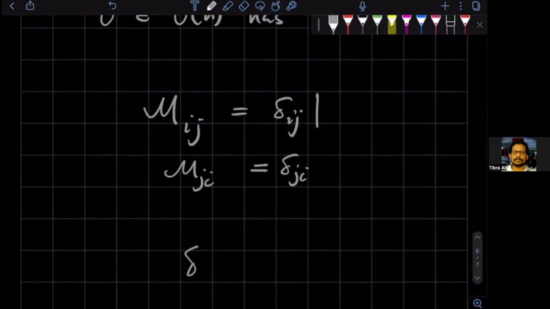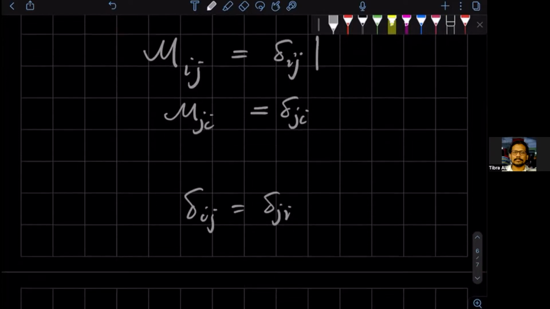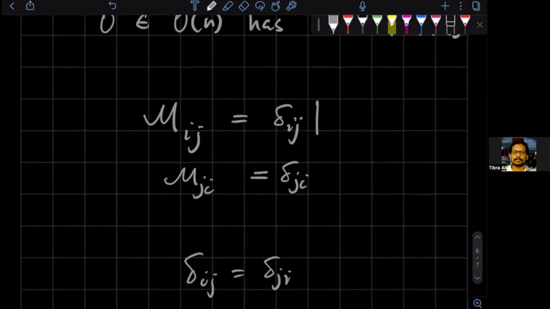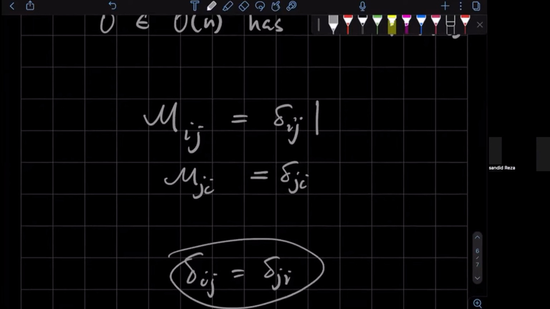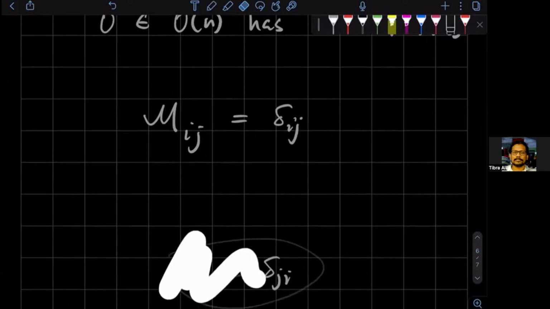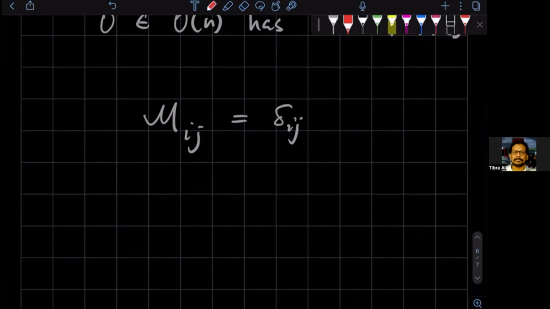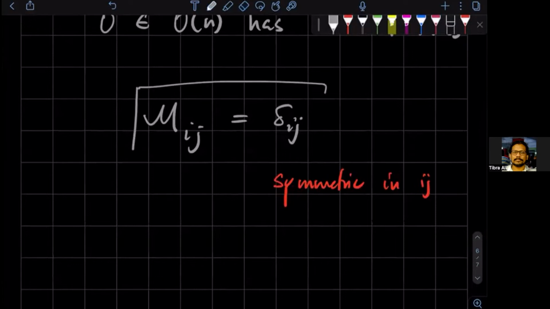That delta ij is equal to delta ji? Is this something you are familiar with? Yes. Okay, so then can someone tell me if this equation is symmetric or not? If the left-hand side is symmetric in i and j, then the right-hand side is also symmetric, right? So if that is the case, how many equations are here?